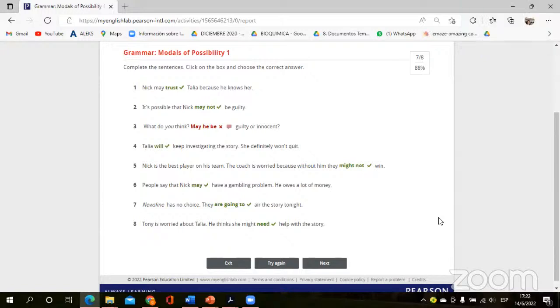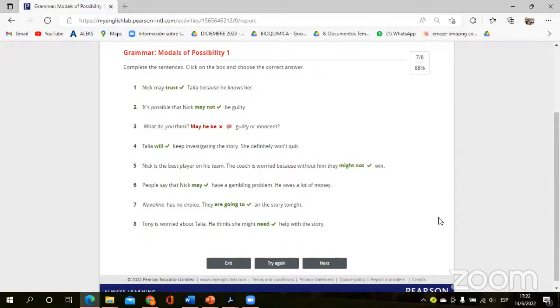Yes, is he, right? And as we are using present, because what do you think is present? So we're going to respect all the line with simple present. ¿Qué piensas? ¿Es él inocente o es culpable?